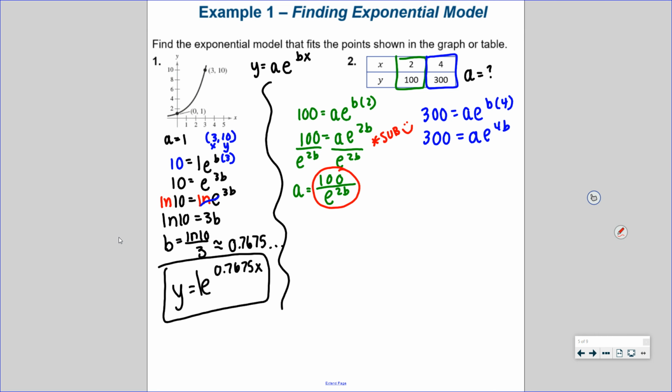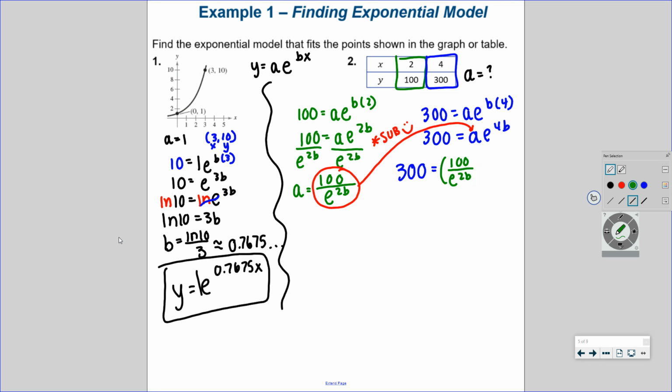So we're going to take this and substitute it in here. And guys, you only have to do this if you don't know the initial amount, when you have two unknowns. If you're given the initial amount, you really only have to solve for b, that factor. But this is fun. Okay, 300 equals 100 over e to the 2b times e to the 4b.